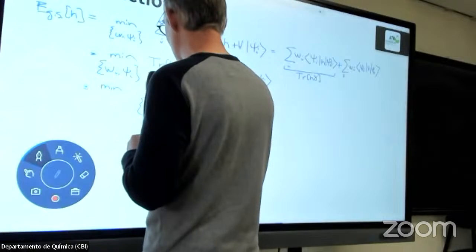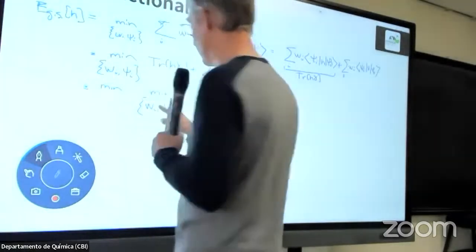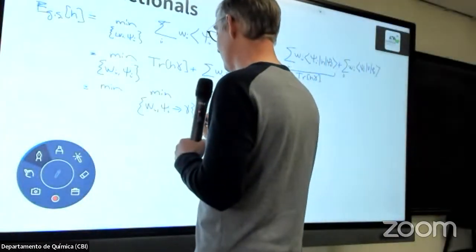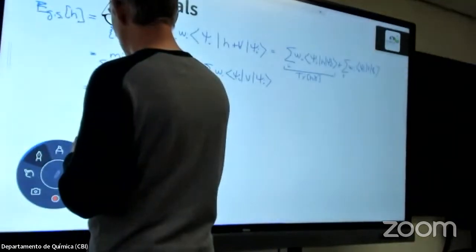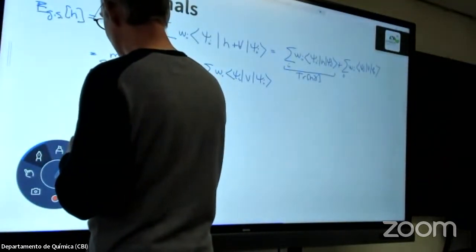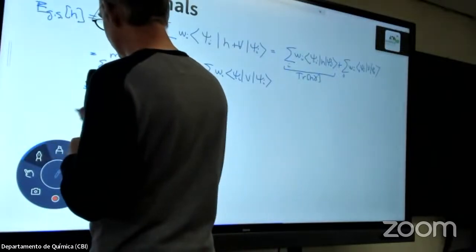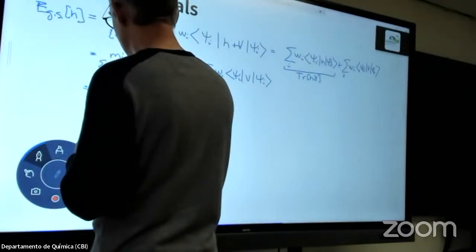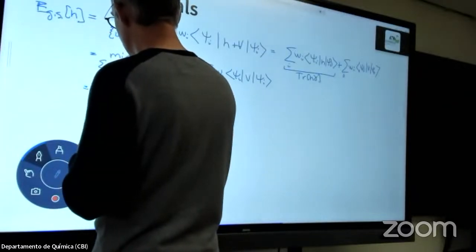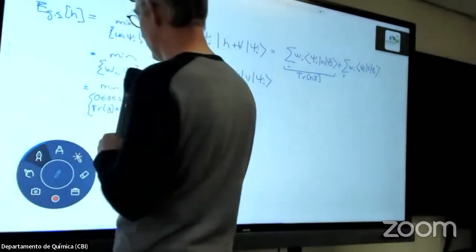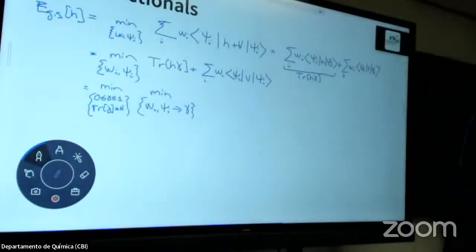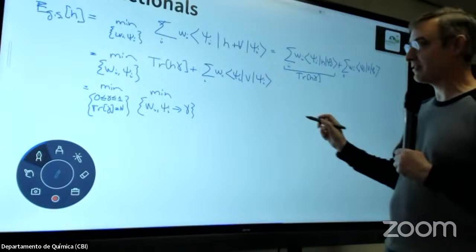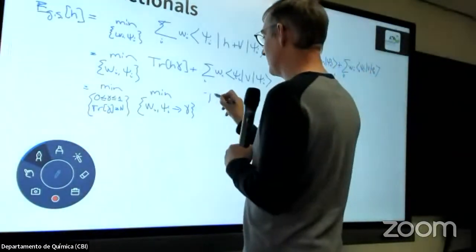We're going to search over all the weights and wave functions that give a given density matrix, and then we're going to search over the density matrices that are allowable density matrices. The occupation numbers are between 0 and 1, and the sum of the occupation numbers is the number of electrons.